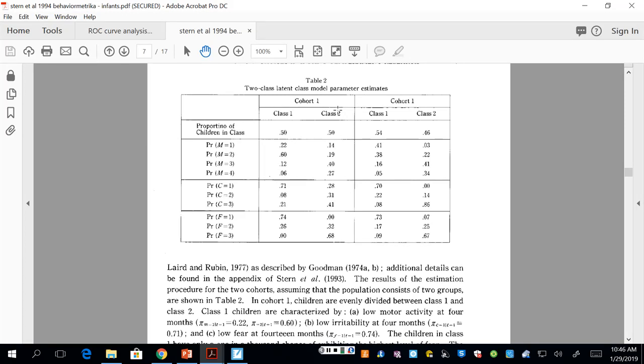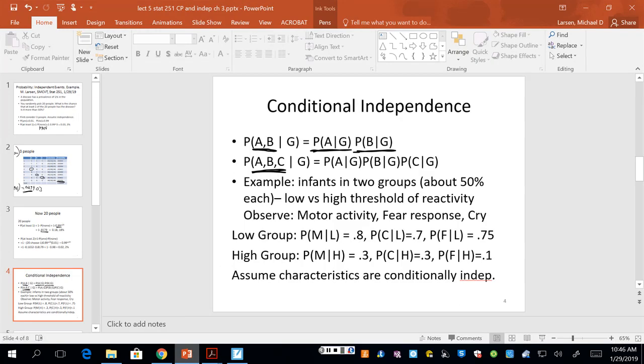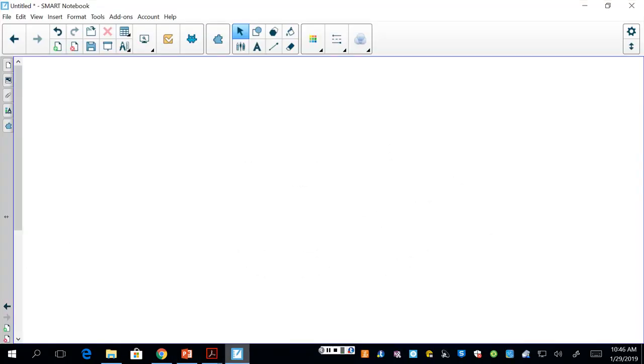And so in this research, they looked for these groups assuming a conditional independence structure. So let me go to my little thing here, right? So if these things, there are levels of motor activity, crying, and fear among, let's see if I have this written out.